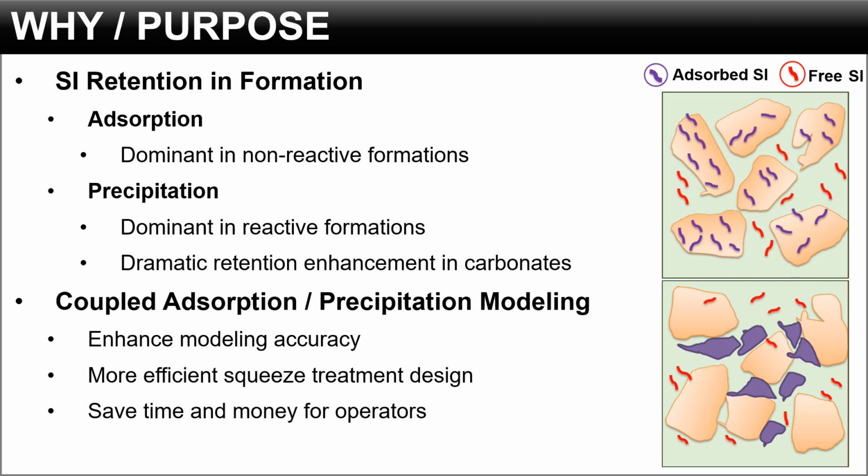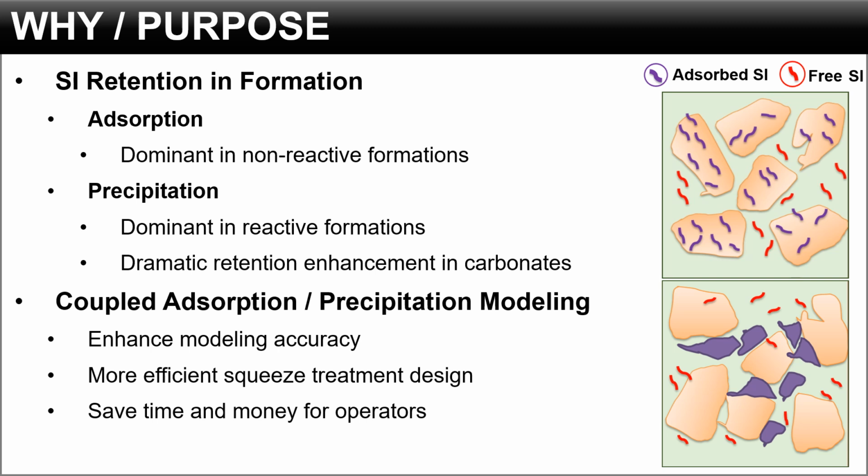So the scale inhibitor squeeze treatment needs to be conducted on a repetitive scheme, for example, every 6 months. This period of time is called the squeeze lifetime. This squeeze lifetime is usually determined by simulations in the industry.